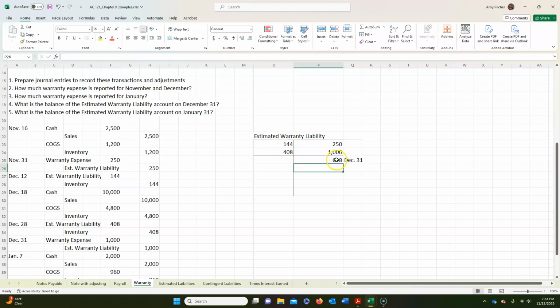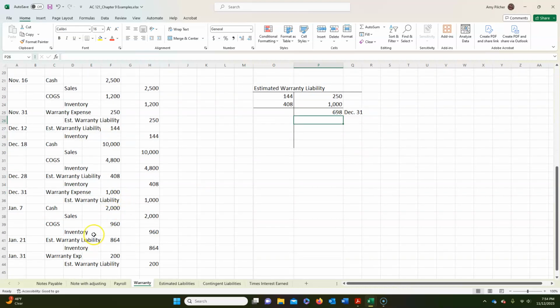So we have a balance of $698 in December. And then in January, we have a debit of $864 and a credit of $200.